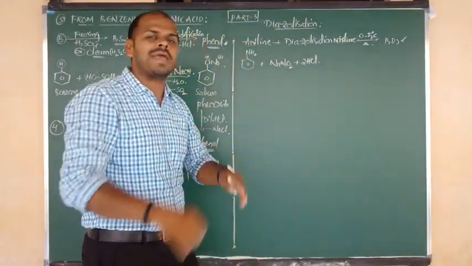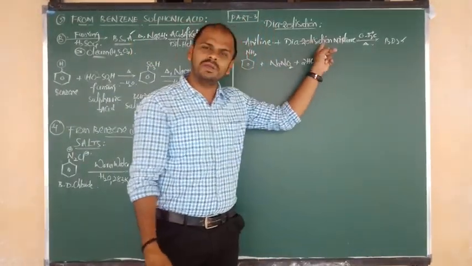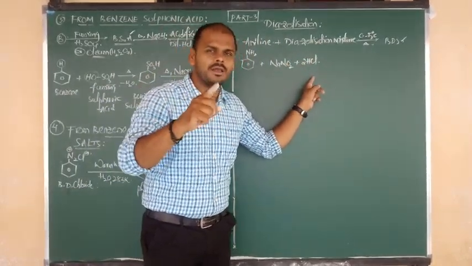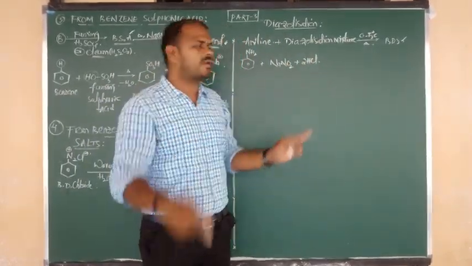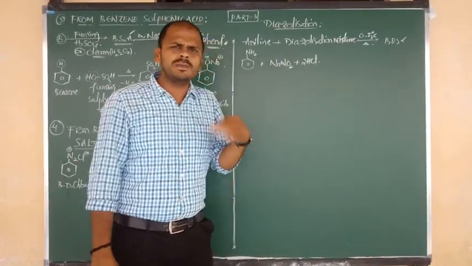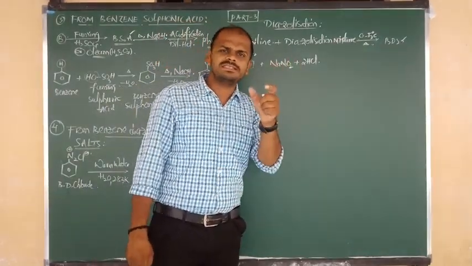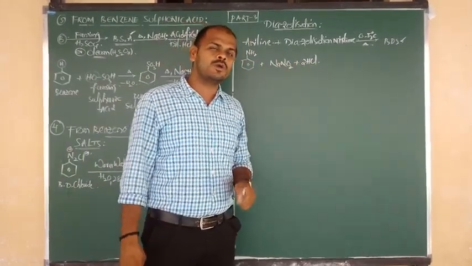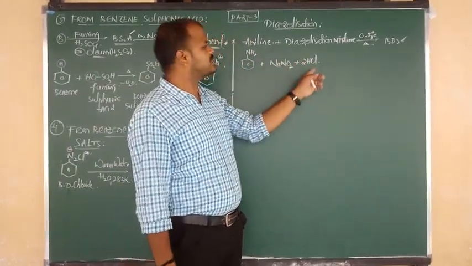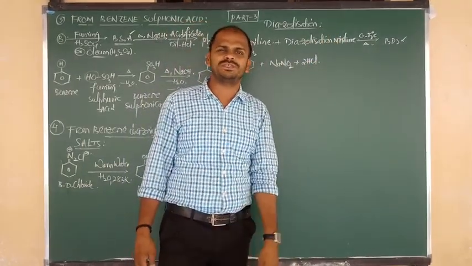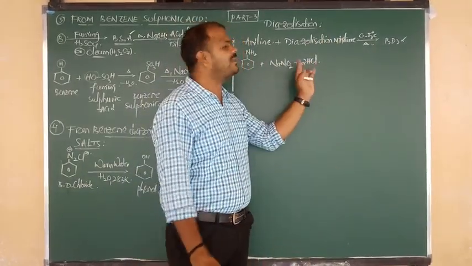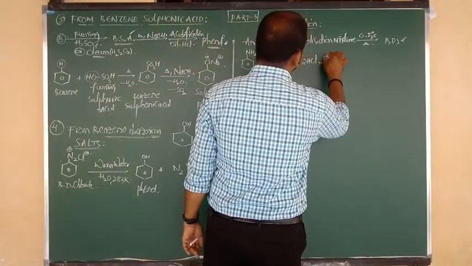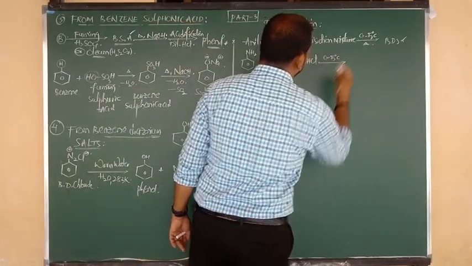The textbook shows the mixture formula as NaNO2 plus HCl, but as per balancing, we require 2 moles of HCl. Sodium nitrite and hydrochloric acid, the mixture is known as diazotization mixture. The reaction takes place at a temperature of 0 to 5 degrees Celsius.